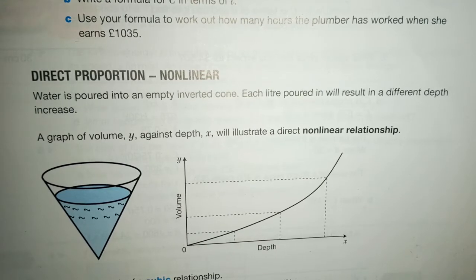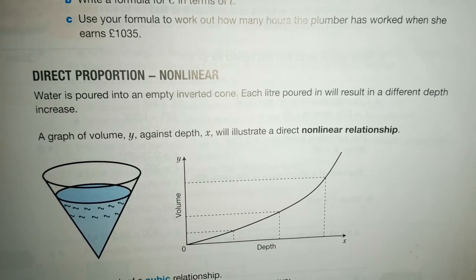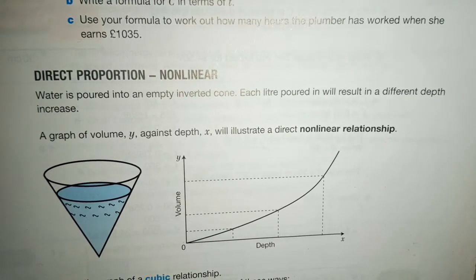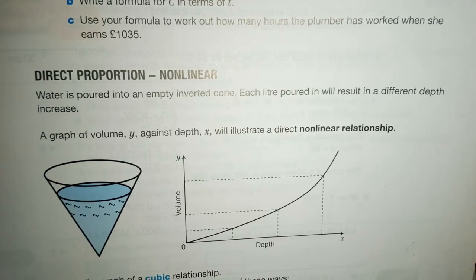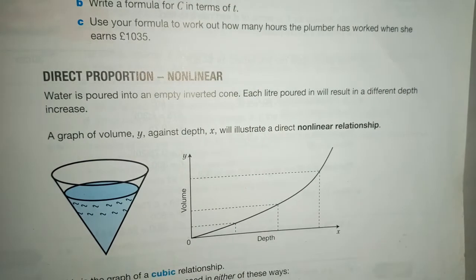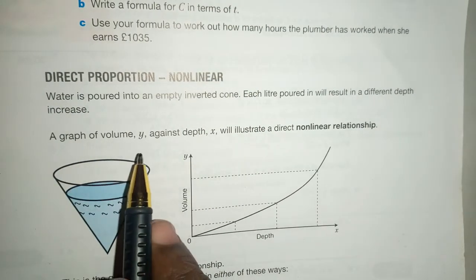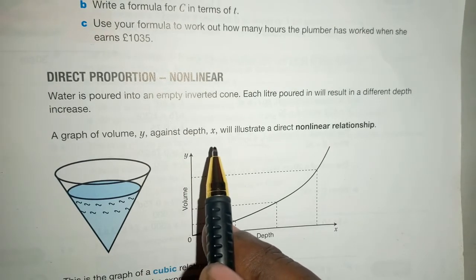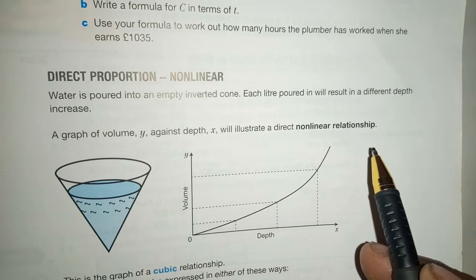And as volume increases, the depth also increases, but of course not in the same proportion, because there is a bigger surface area on top than the bottom. A graph of volume y against depth x will illustrate a direct nonlinear relationship.